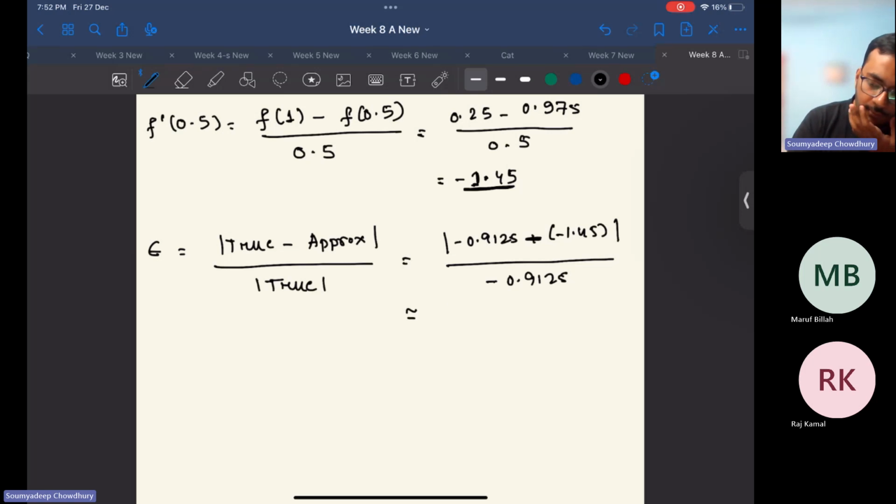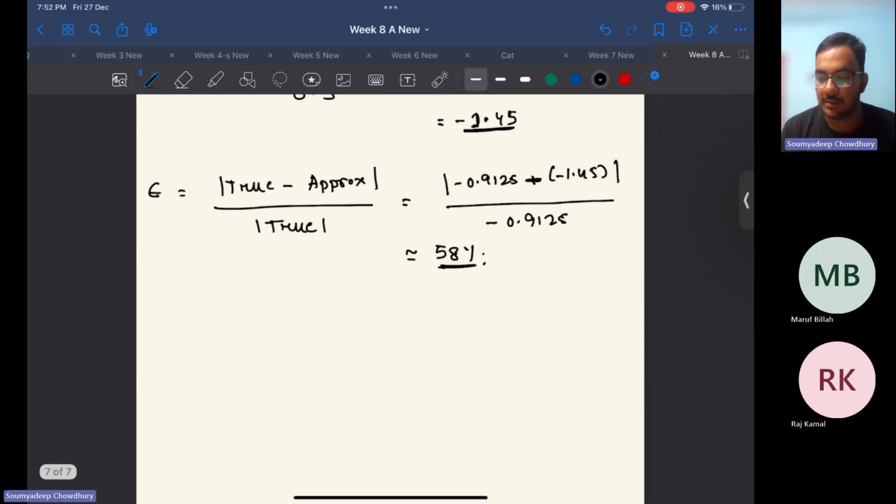So this gives me around 58% error here, which is too much. Using the forward difference, my error is 58%.